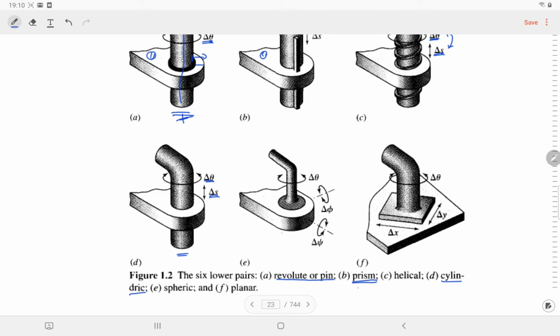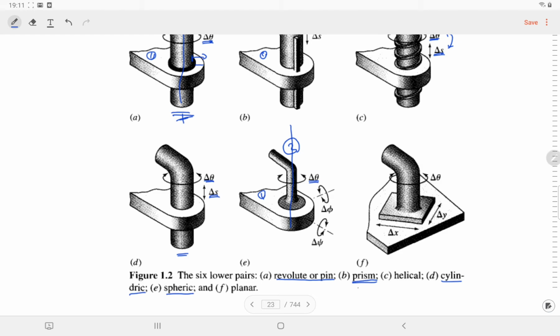And this one is also known as spherical pair. Once again, this is body 1 and this is body 2. Body 2 can have a motion with respect to body 1 in the following manner. One is, it can have a rotation along this axis, and the amount of motion is defined using theta, the change delta theta.